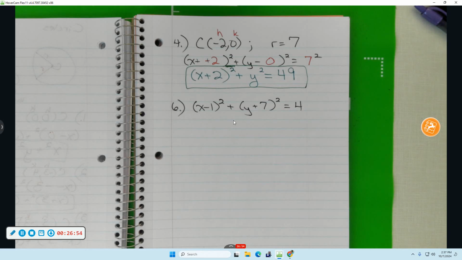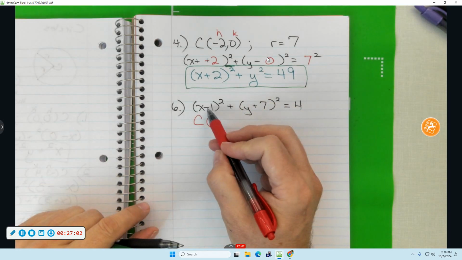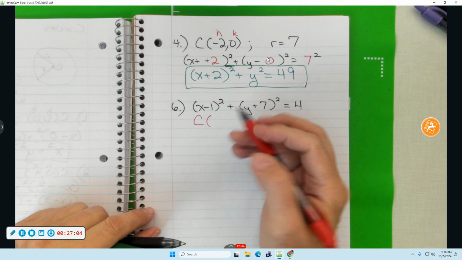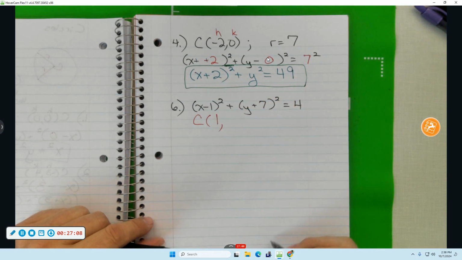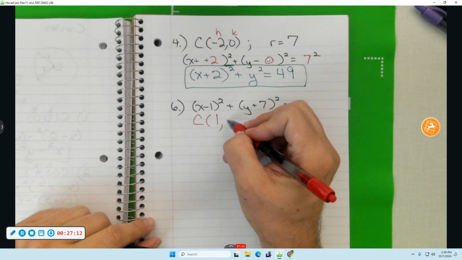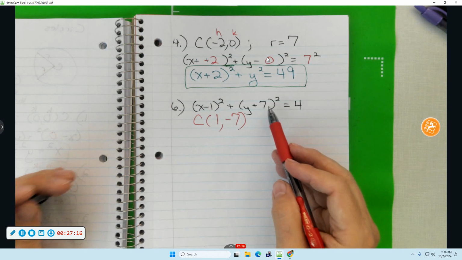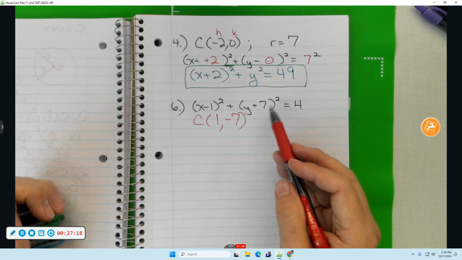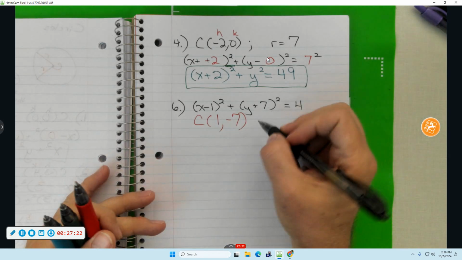So what did I say we're going to have to do? Is the x-coordinate of the center a -1? Change sign, change sign. You see a -1 inside the parentheses. That means the x-coordinate of the center is a +1. What about this +7 here? It becomes a -7. The signs you see inside the parentheses are exactly the opposite of the center. Now we want the radius.